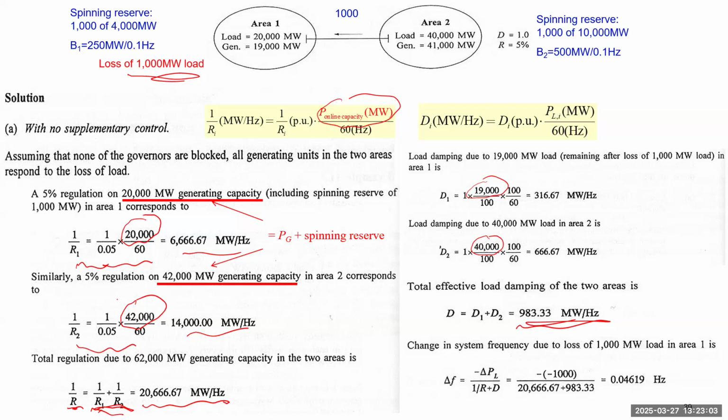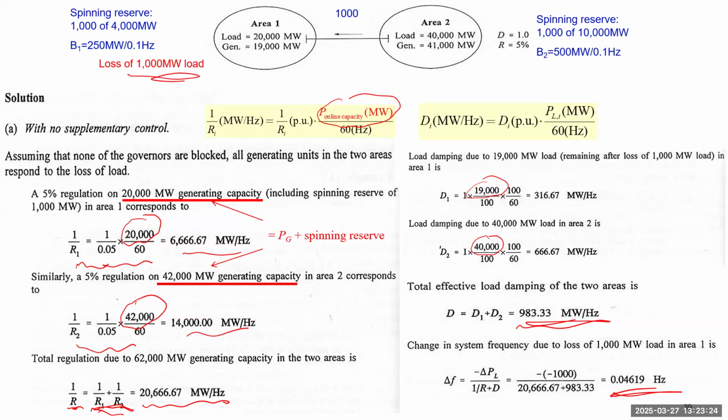All right, so frequency deviation for the entire system will be the total load change divided by the total beta value. Total beta value is just 1 over R plus the total D. And the frequency deviation is 0.046. So this is question number 1.